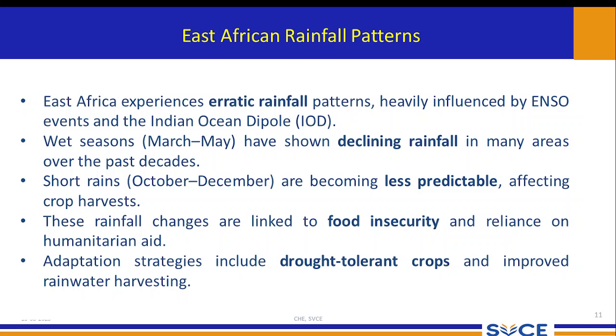It is a coupled ocean-atmosphere phenomenon similar to El Nino Southern Oscillation in the Pacific, but in the Indian Ocean. A positive Indian Ocean dipole means cooler waters in the east and warmer waters in the west, while a negative Indian Ocean dipole is the opposite.